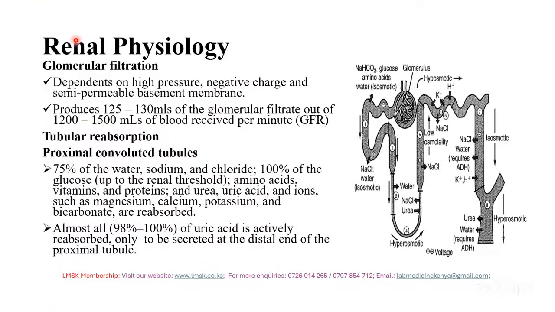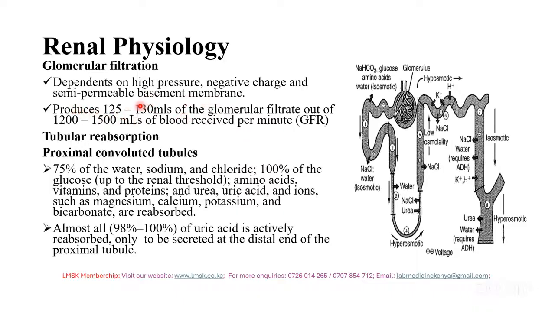And on the physiology, the function, the nephron does a lot of filtration and reabsorption of materials. So filtration depends on the high pressure in the blood, which is the difference in pressure between the afferent and the efferent arterioles, and then the negative charge at the basement membrane, and then the semi-permeable nature of the basement membrane as well.